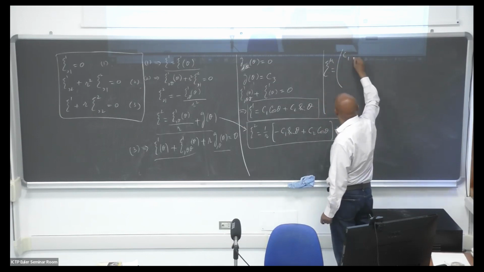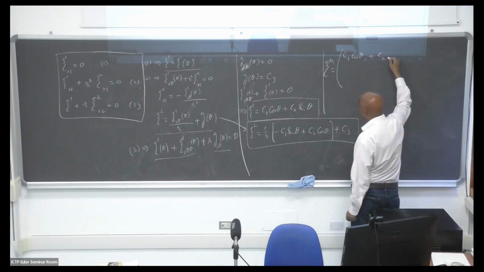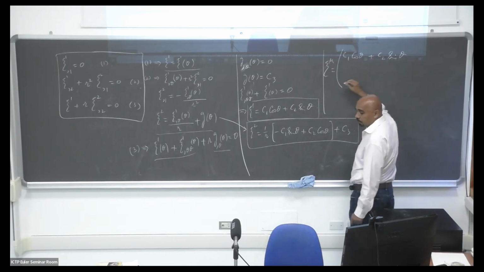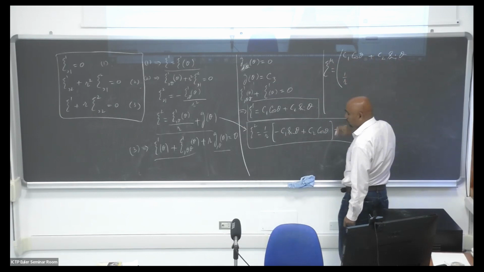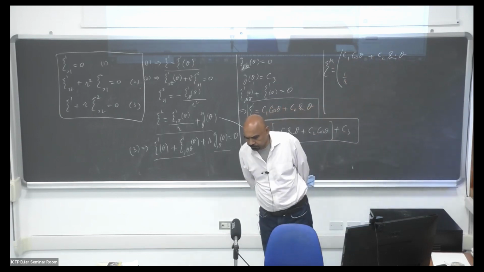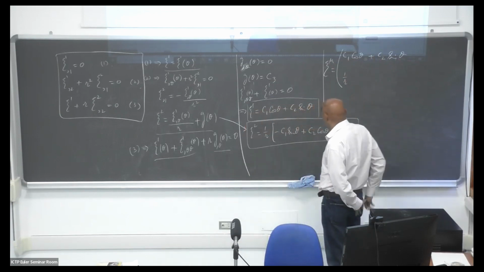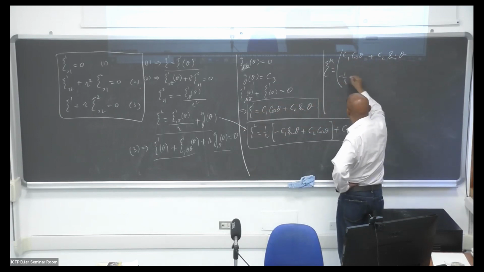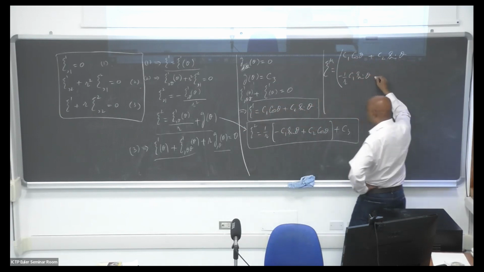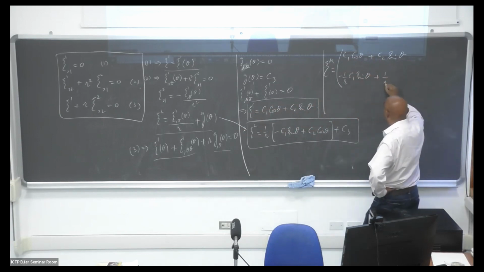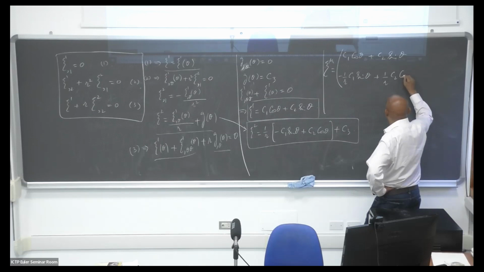The first component is c1 cos theta plus c2 sin theta, and the second component is minus 1 over r c1 sin theta plus 1 over r c2 cos theta plus c3.